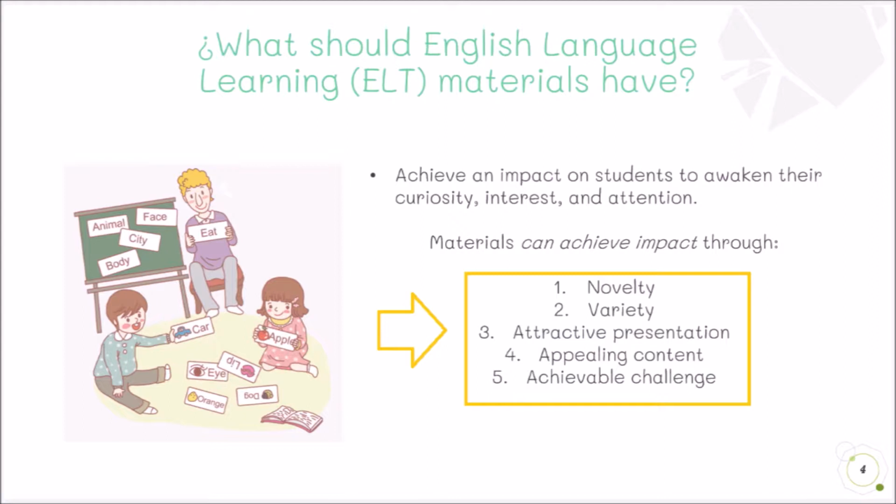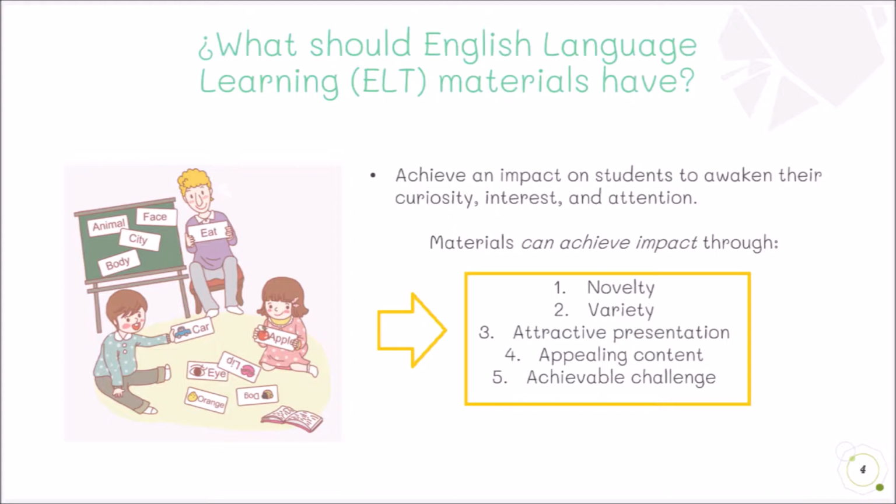The second is to have a variety of materials to break the monotony and routine of a class with an unexpected activity, for example, with a video, a sound, a striking text type, a CD, and take advantage of everything that technology offers us. The third is to have an attractive presentation with many colors, to use photographs or images, to have wide space that allows developing the students' imagination.